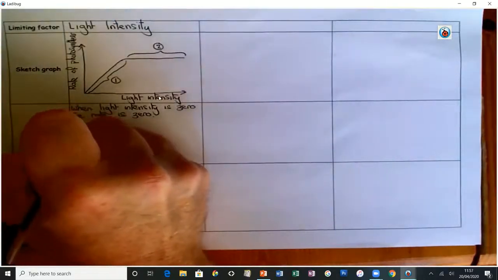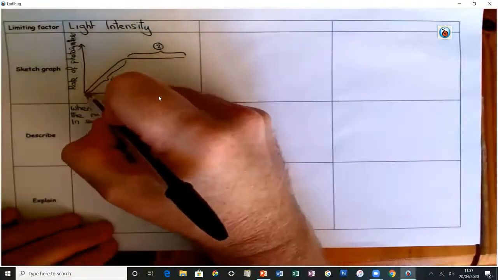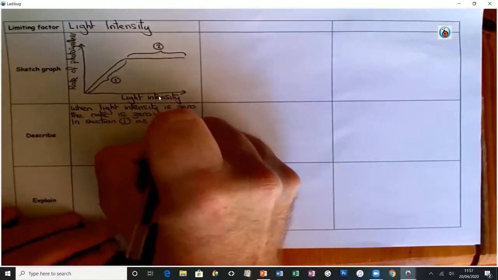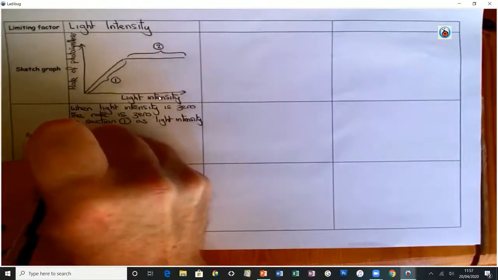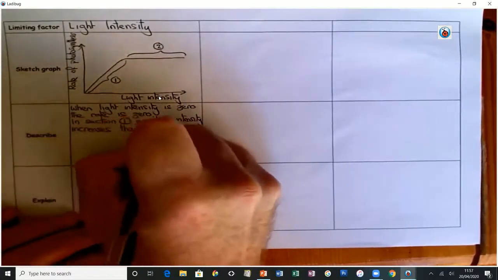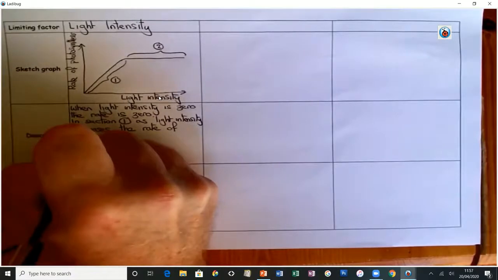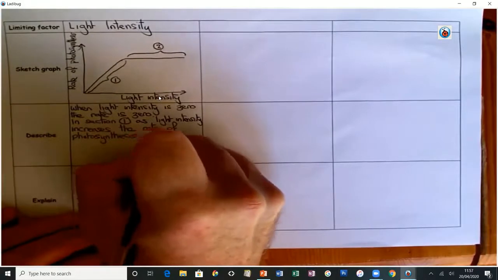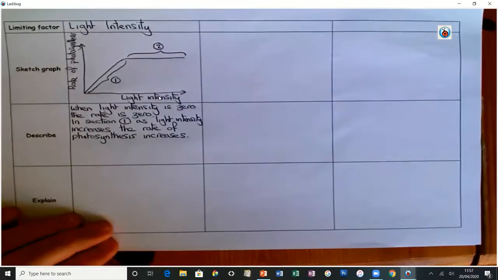So in section 1, which is here, as light intensity increases, the rate of photosynthesis increases. Okay, so that's what's happening in section 1.